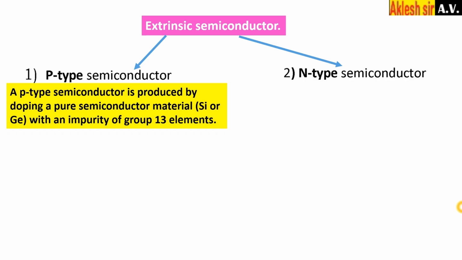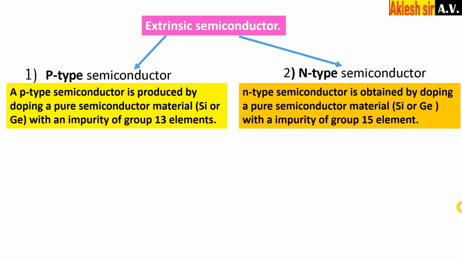We take a pure semiconductor material and add impurities whose atoms contain 3 electrons in the outermost shell, belonging to group 13. If you add a group 13 element to a pure semiconductor, that semiconductor will become a p-type semiconductor.